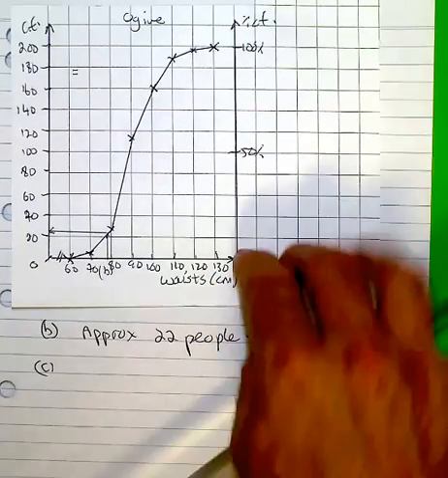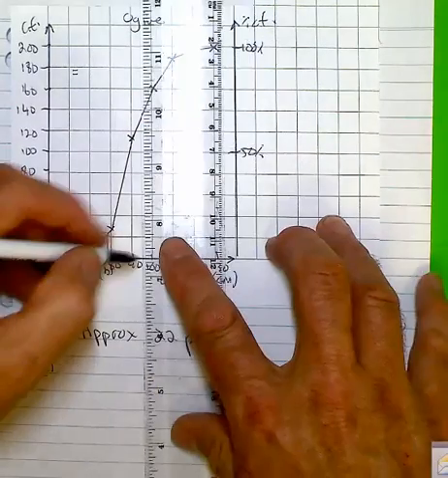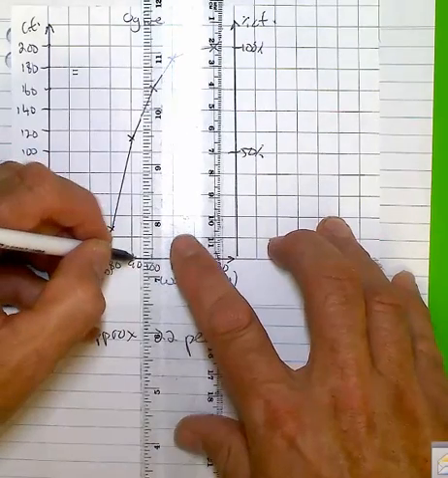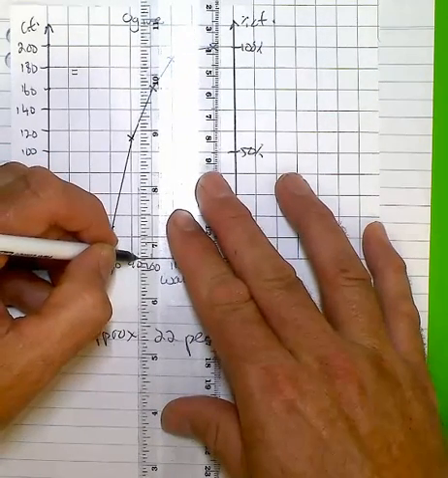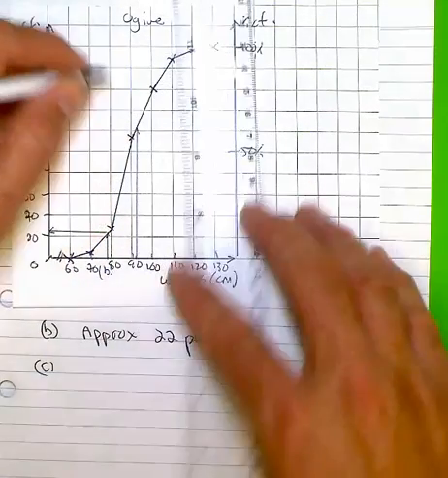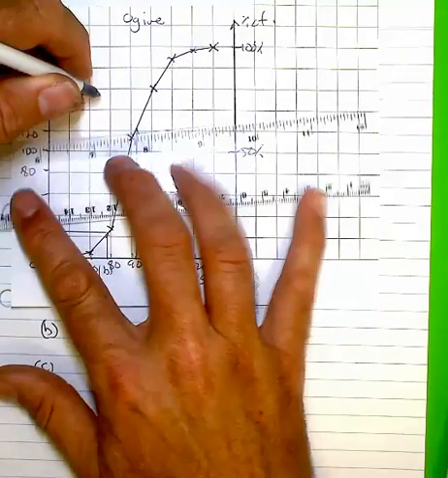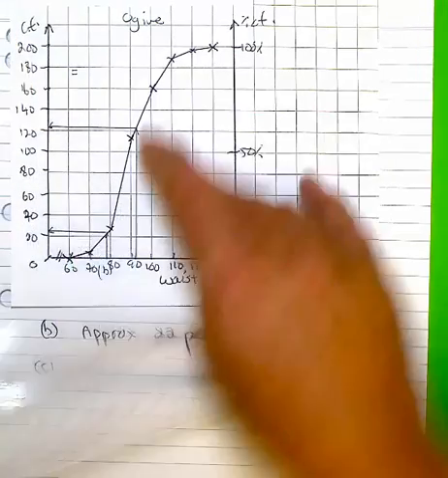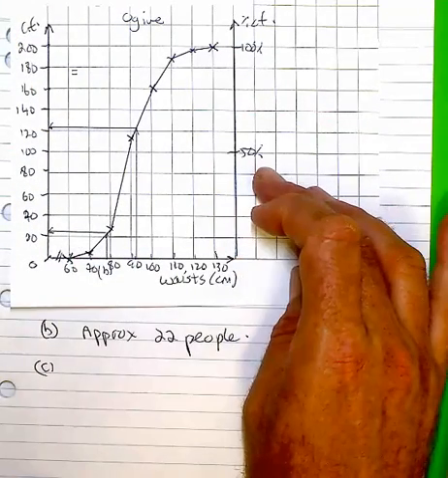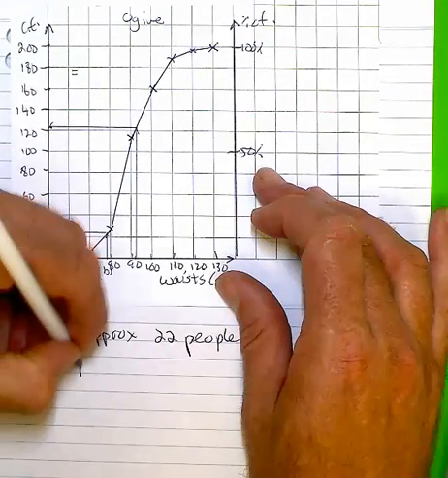C, 92, waste size less than 92. So read up, and reading across. So just slightly over 120, or say 121.